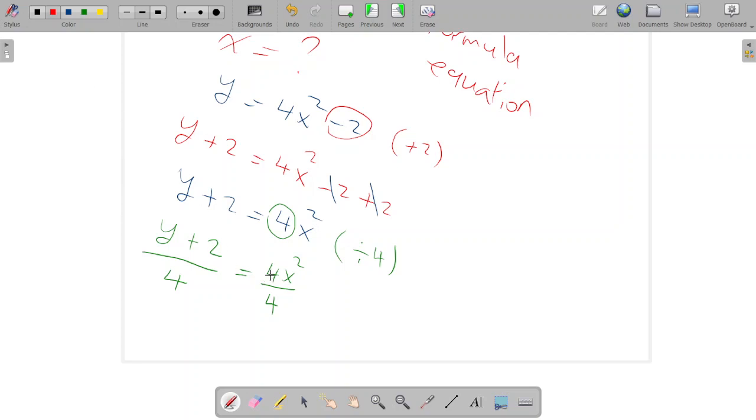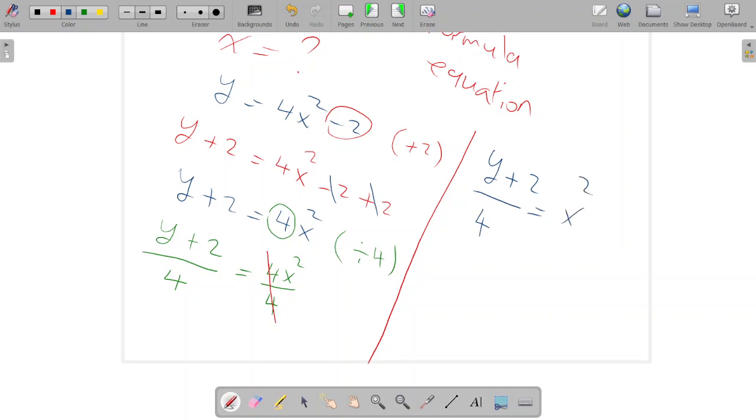The 4 here is going to cancel the 4, and you end up having this expression. Now I'm going to organize it. I'm going to change the color so you don't get confused. You're going to have y plus 2 divided by 4 equal to x squared.